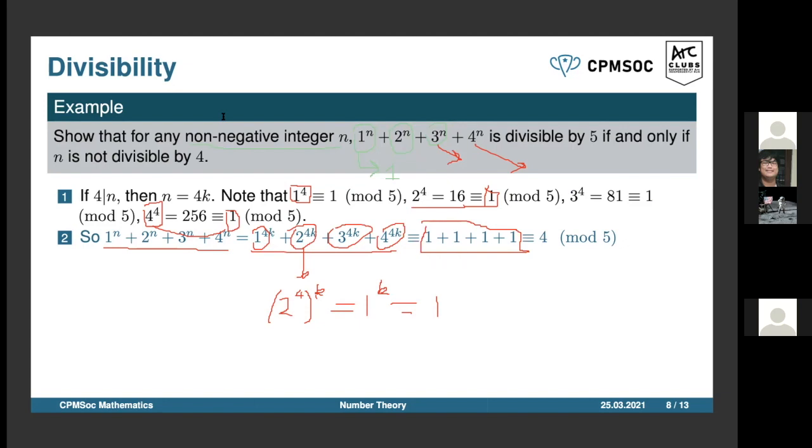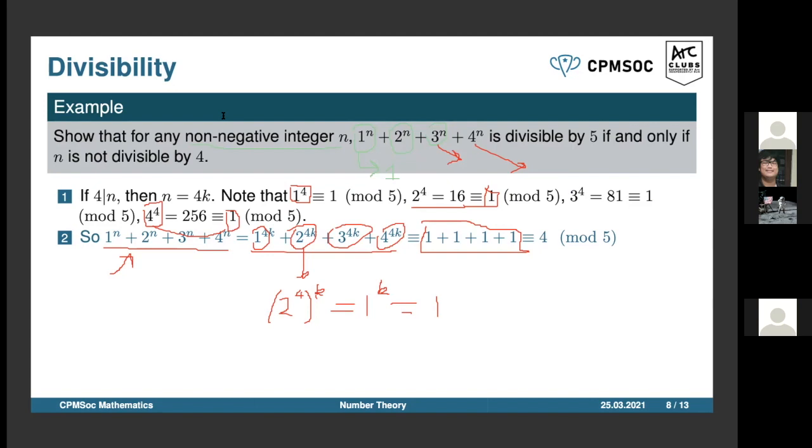So using modular arithmetic rules, we have reduced this massive number into just a few 1s in modulo 5. That's why modular arithmetic is really powerful. When you have massive numbers and massive powers, you can very easily simplify these expressions and make the numbers a lot smaller and easier to work with.